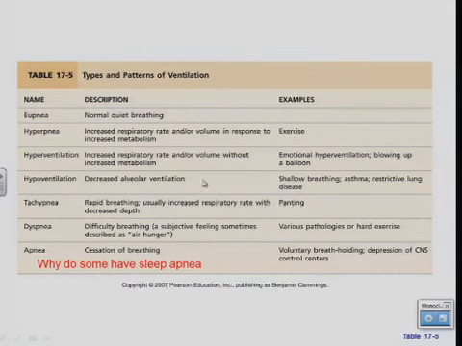Make sure you know the changes in partial pressure. Remember, if we hyperventilate, that means we're bringing in more oxygen than normal, we're flushing out the CO2, and we're increasing the oxygen. So the partial pressure of oxygen is going to increase, and the partial pressure of CO2 is going to decrease. And it's just the opposite when we refer to hypoventilation. All right, make sure you understand these effects on oxygenation and removal of CO2.